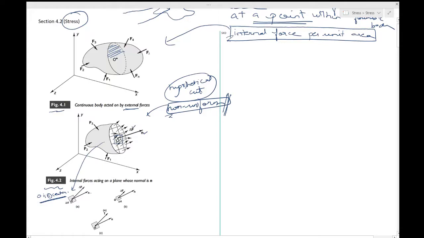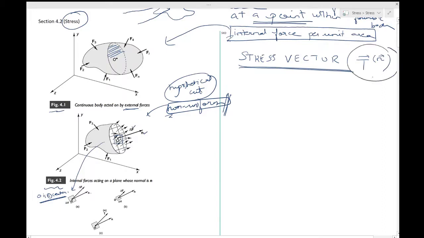Okay, now we introduce a new concept. This new concept is called a stress vector. This vector word is important, as you will see, and this is shown by the symbol T superscript n.